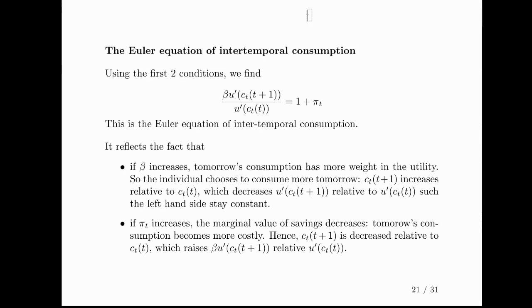If u of c equals log of c, so I'm just assuming now that my utility of c is log of c, then I get that u prime of c equals 1 over c. So you see what I'm saying: if you increase consumption, then the marginal utility of consumption decreases.